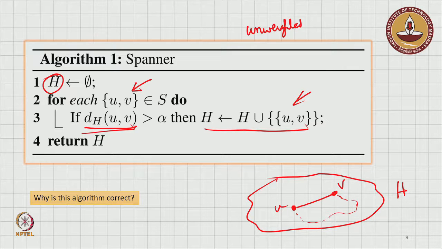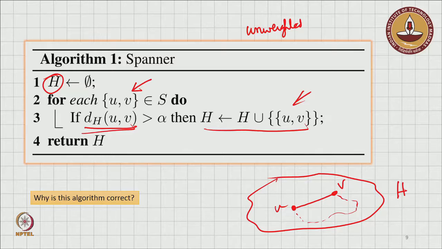Now, why is this algorithm correct? This spanner condition should hold for any pair of vertices, right? So let's say you have a path from A to B to C to D. Now in the spanner you may not have added all of these edges.